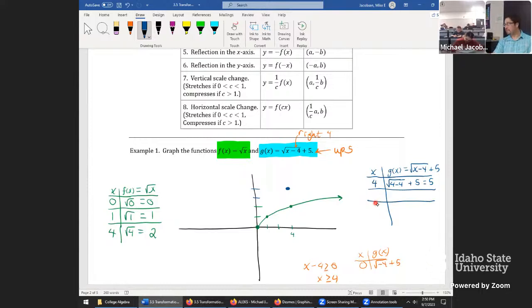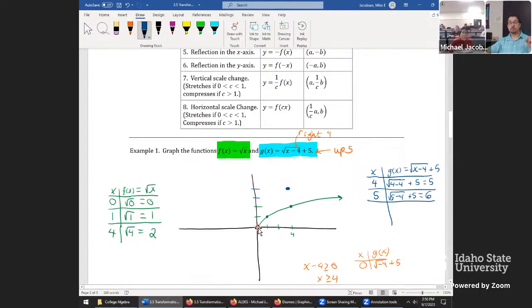Good call. 5 would be a great one, because if you plugged a 5 here, this turns into the root of 5 minus 4. It's just the square root of 1. Square root of 1 is still 1, so this whole thing just turns into 1 plus 5 for a value of 6. Just like what happened in the green curve, right?